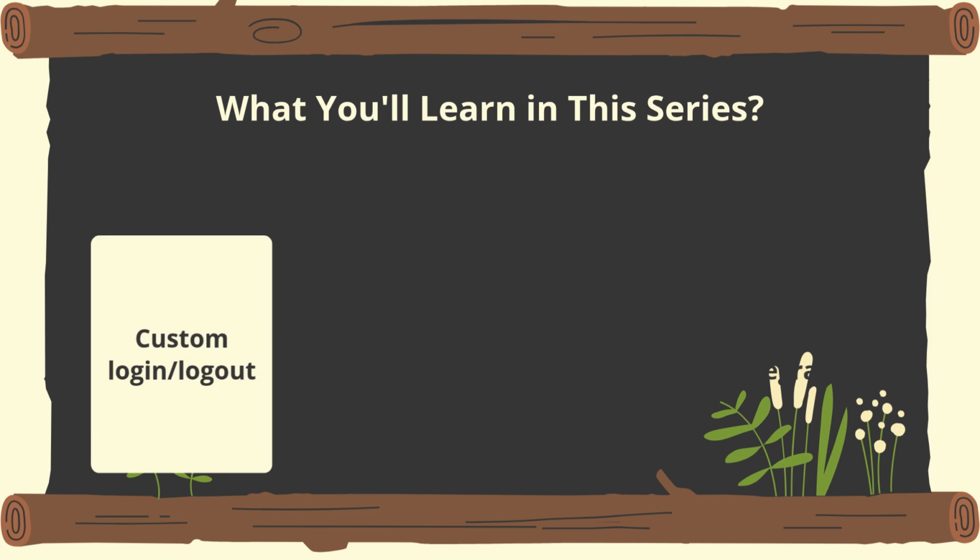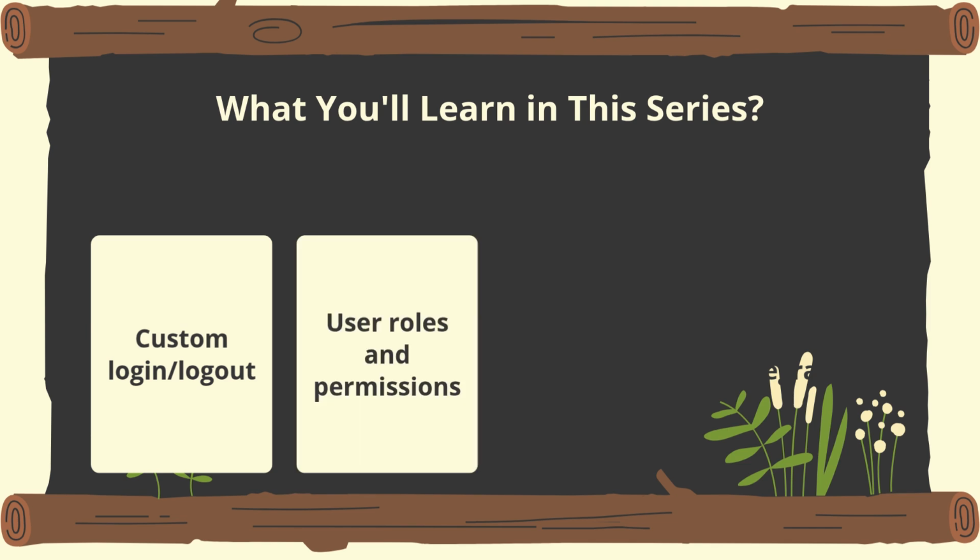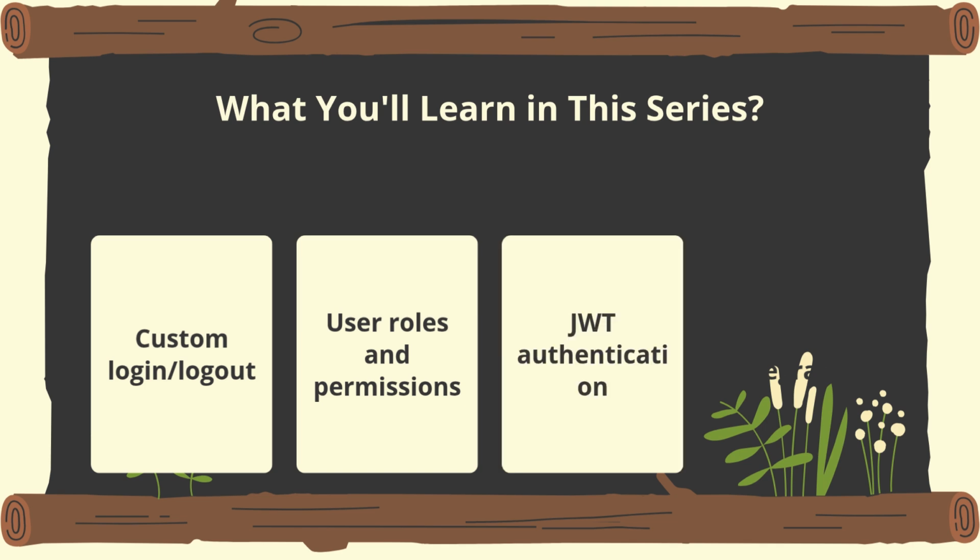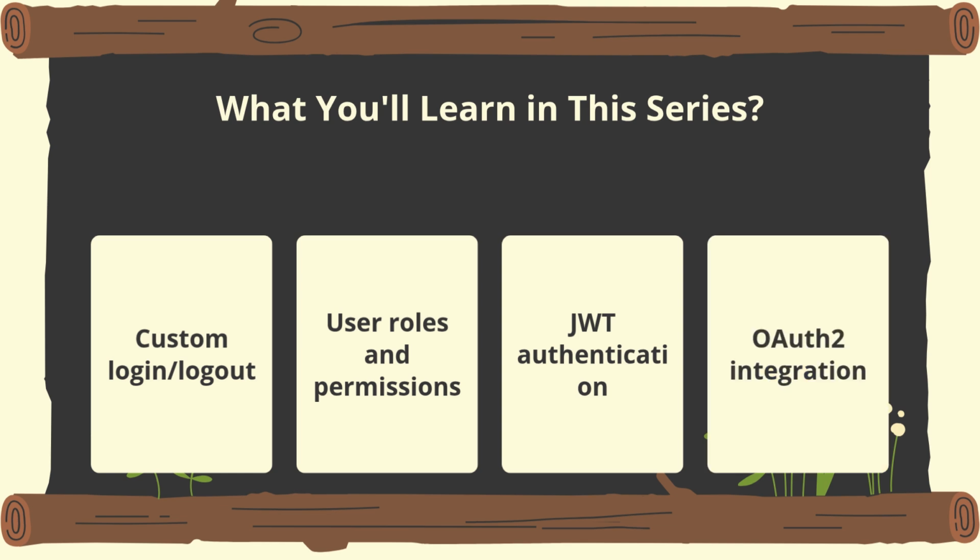So what are we going to cover as part of this entire series? We will cover custom login and logout: how we can create our own login and logout page. User roles and permissions, role-based access, basically which role can access what. JWT authentication, because in this modern era of microservices, people are not only using legacy monolithic applications, they are also using microservices, so JWT authentication is pretty much required.